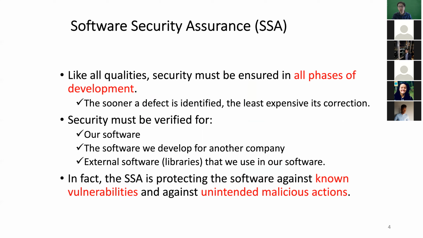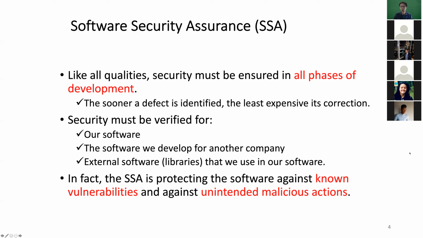We need to do security assurance activities during requirements, design, development, and also testing. The sooner a defect is identified, the less expensive it is. So we need to verify security for the software we develop for another company, and also for external software that we will use in our system.